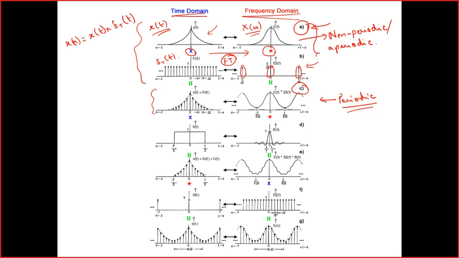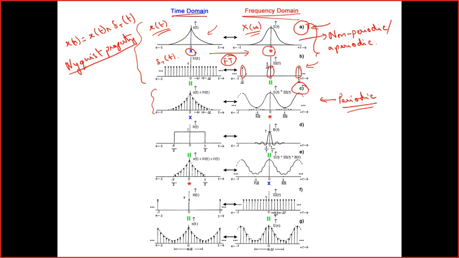Now, due to this property, we have a property called the Nyquist property, which needs to be employed before we sample any time domain signal.